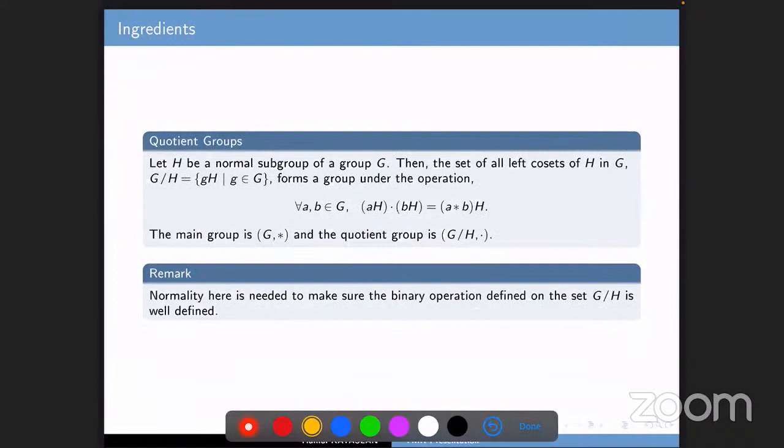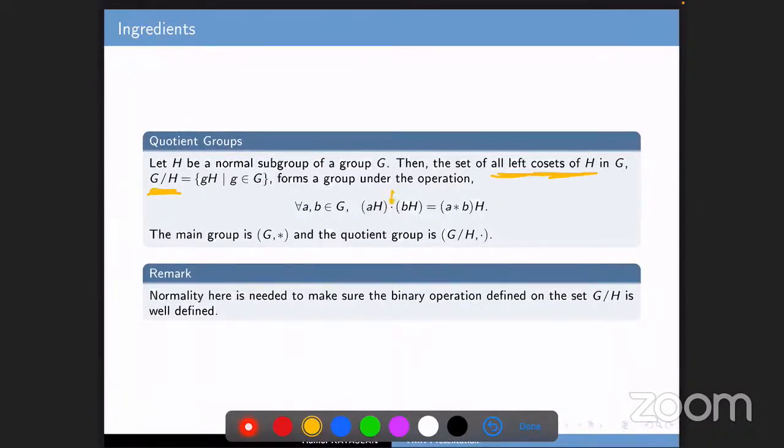Next, we will be using quotient groups in our definitions later. That's why let's look at them. When we have a subgroup, a normal subgroup in particular, then we can give a richer structure to this G quotient H, the set formed by these left cosets, right? It was just a set, and now we define an operation on it. Let's call it dot.